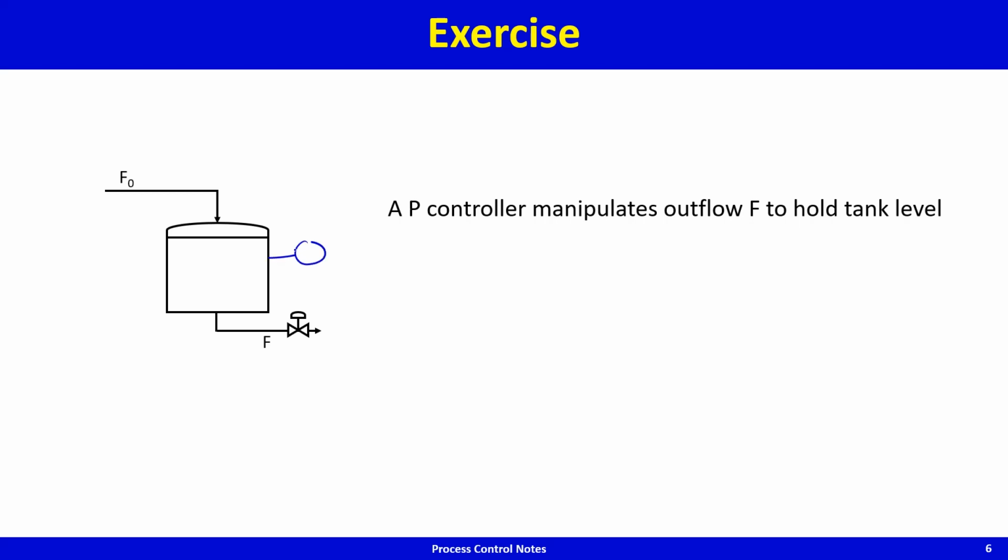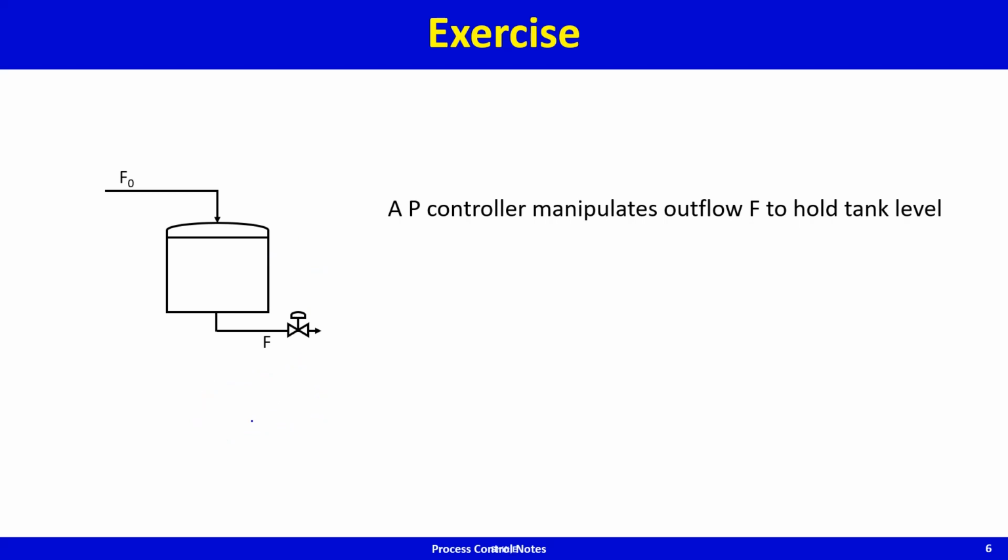So there is a level controller that manipulates the outflow, and just assume that F is proportional to valve position, a linear valve. So F, the actual outflow, is proportional to controller output. Let's call this U.